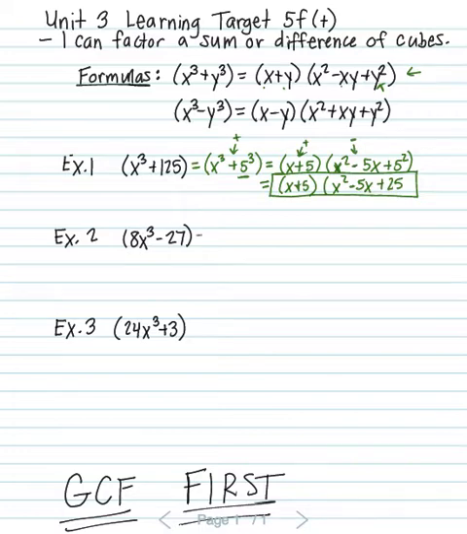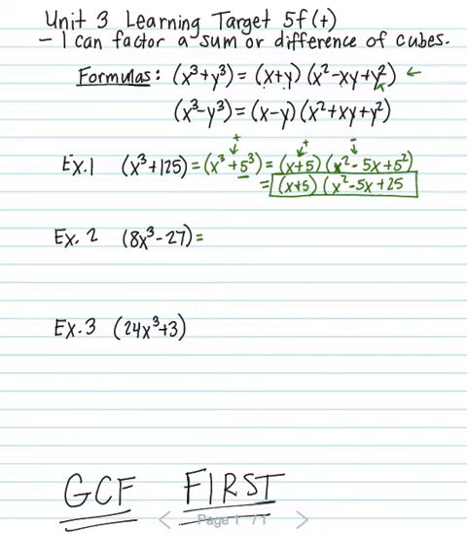So looking at example 2, again, the first thing we need to do is get it to be something to the third. Right now I'm saying x to the third, but 8 is just on the outside looking in. If we looked for a greatest common factor to maybe help us, well, you can't take out anything from 8 and 27. So there is no greatest common factor.